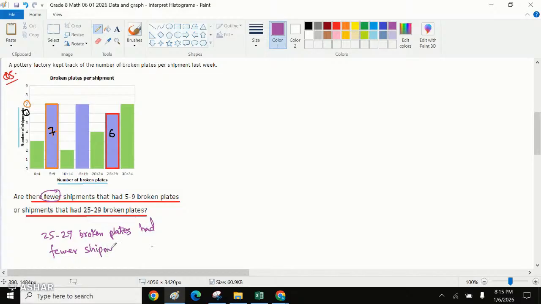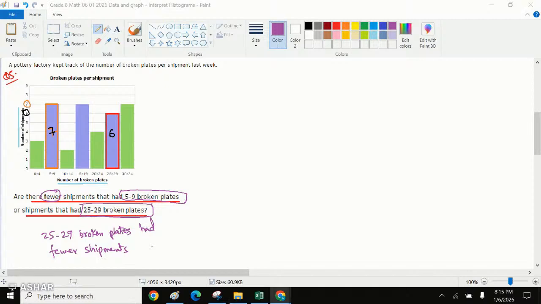Compared to 5 to 9 broken plates, because we are just comparing these two quantities, right? So between these two quantities, 25 to 29 had lesser number of shipments. Okay. Agreed? Any questions up till now?